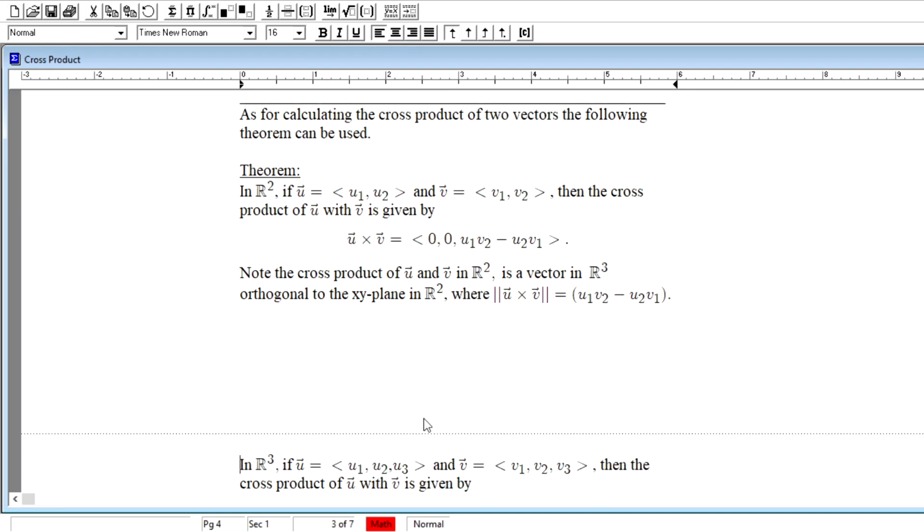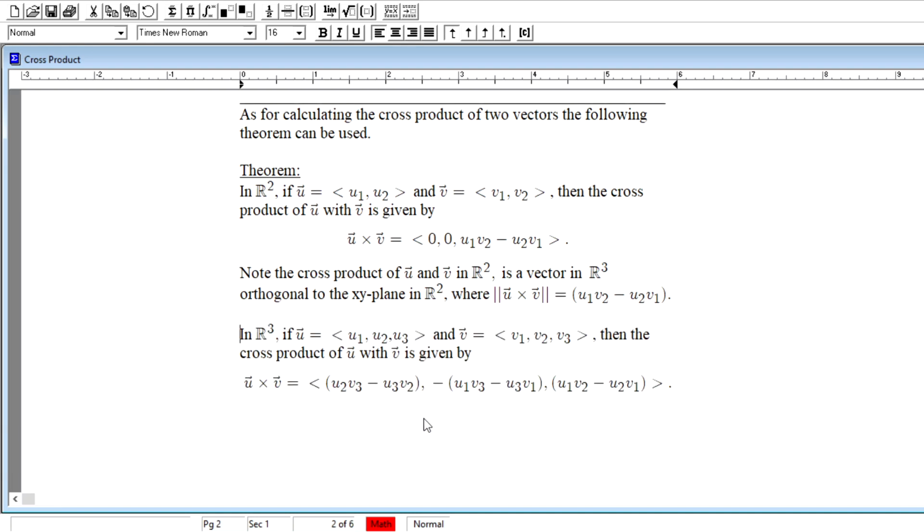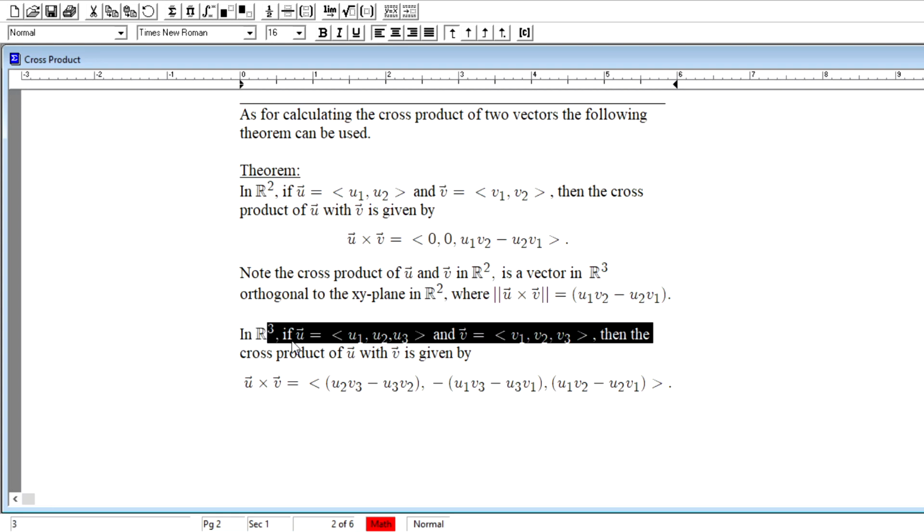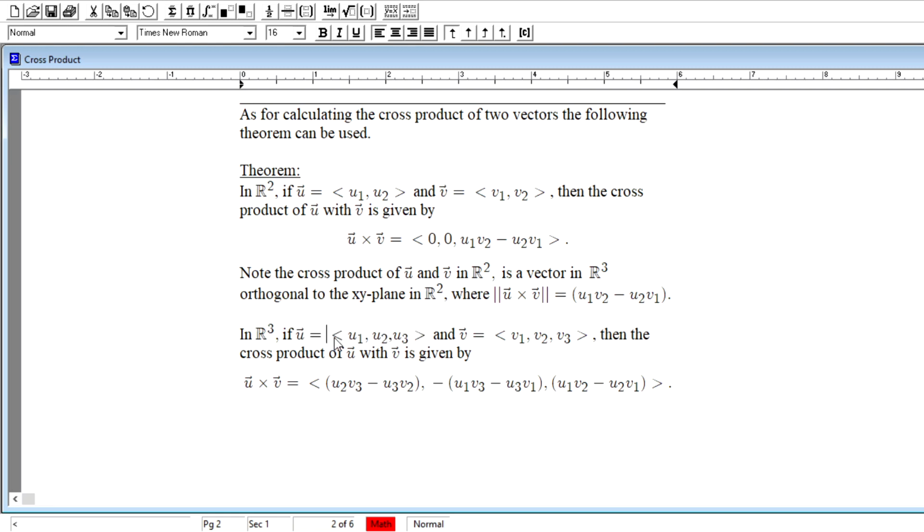It is a formula that you're going to have to really just relearn to rely upon, and after a while, you might develop the pattern that you have to follow in this formulaic calculation. In R3, the vector u will be equal to the component vector u1, u2, u3, and vector v will be equal to the component vector v1, v2, v3.